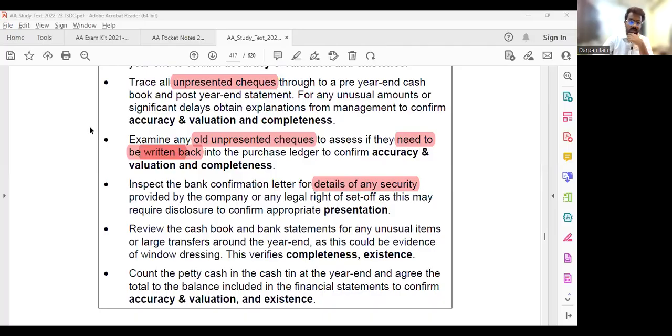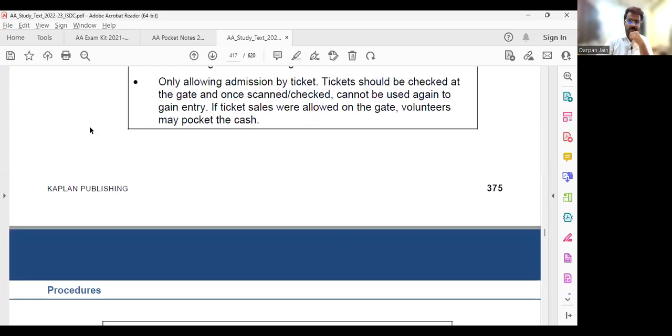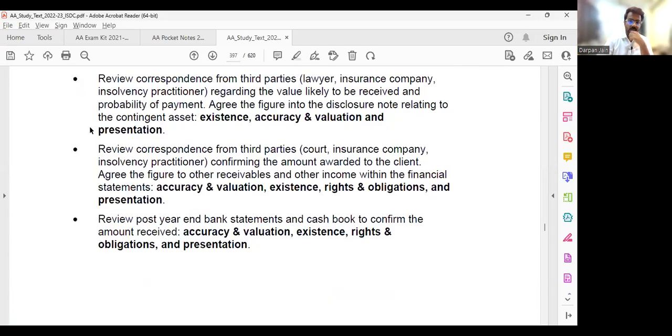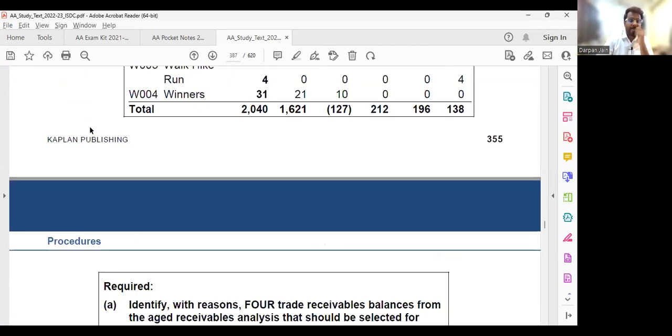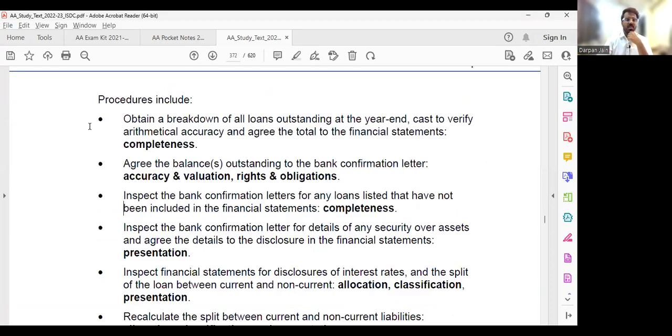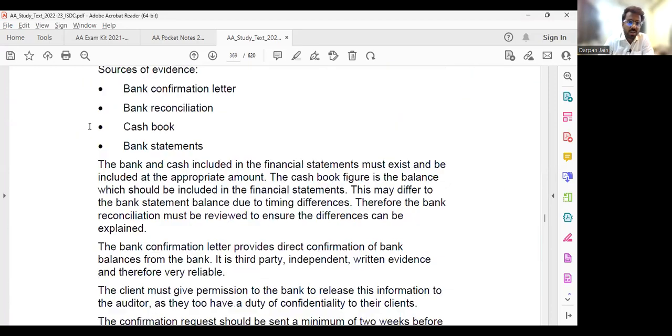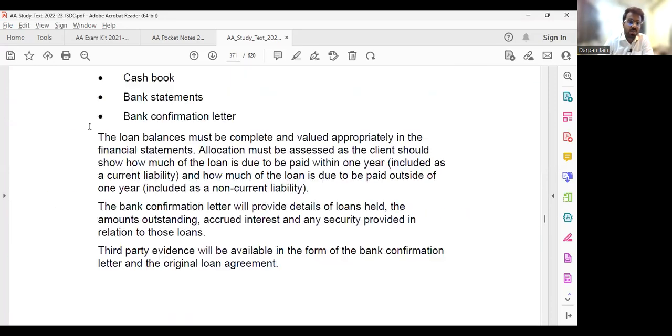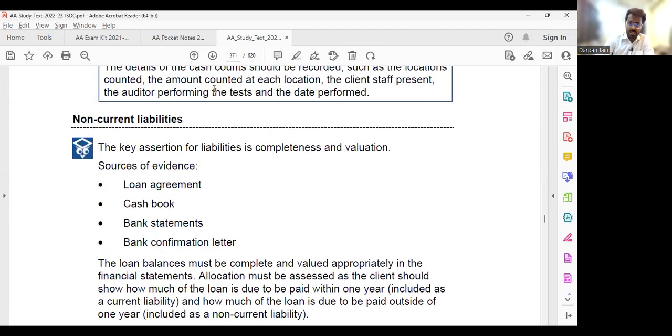Now let's move to the next item of your balance sheet. Let me go back to the study text. Yes. So we've finished bank and cash. Now let's move to the next item, which is non-current liabilities.